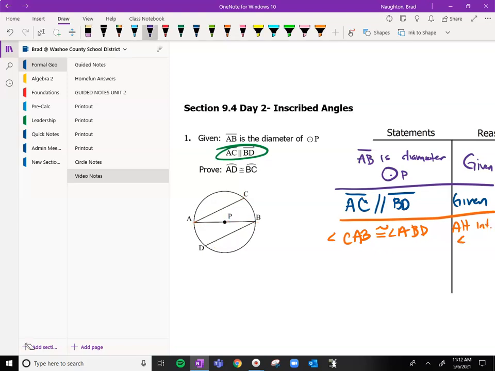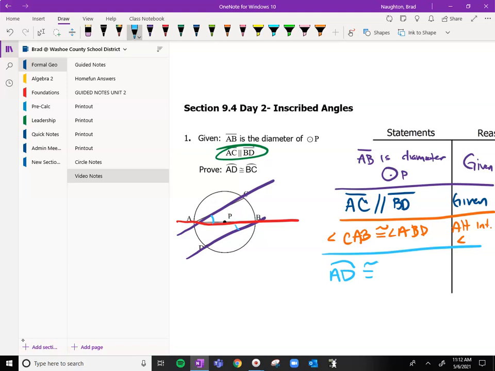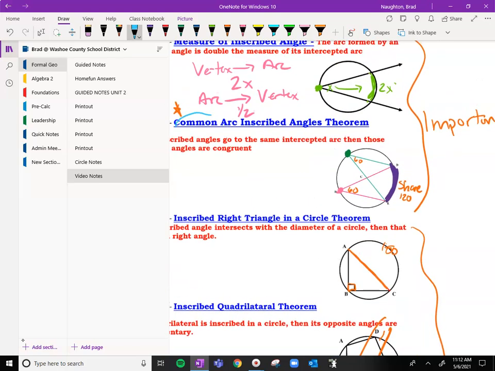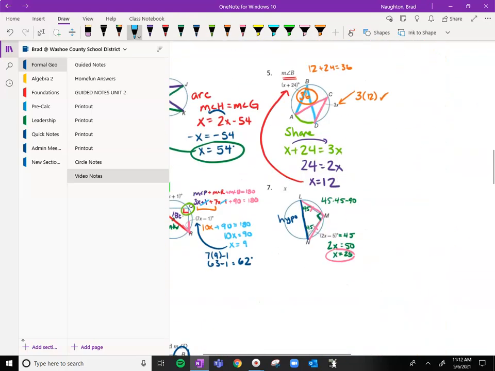So if we need to draw that again, parallel lines, here's my transversal. This angle right here and this angle right here are the same, okay? So if those are the same, then we could say that arc AD is congruent to arc CB, and we just talked about that theorem way up here, so let's remind ourselves, it's that common arc inscribed theorem.